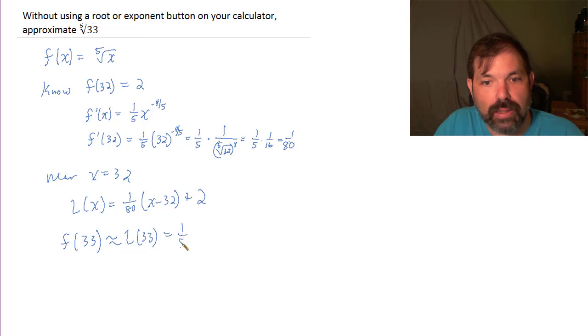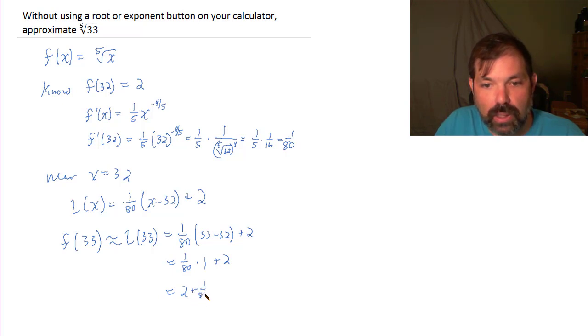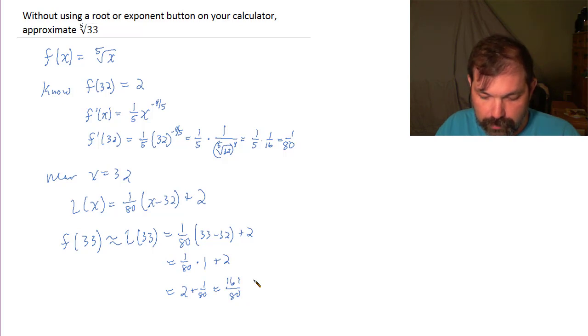That would be 1/80th times 33 minus 32 plus 2, which is 1/80th times 1 plus 2. So that would be 2 and 1/80th, which is 161 over 80. And 161 over 80 is 2.0125.